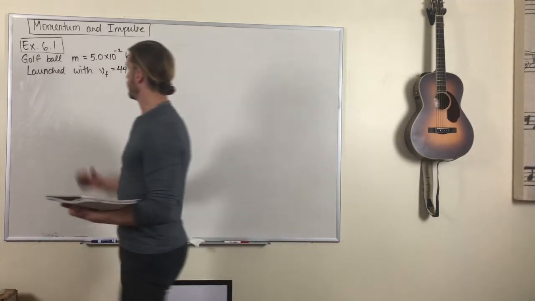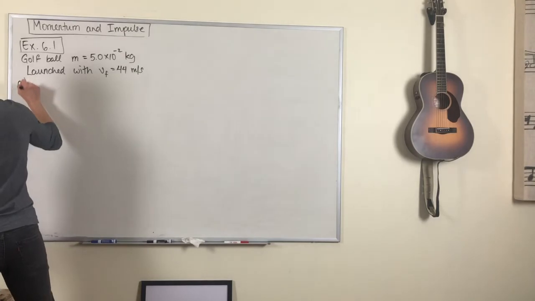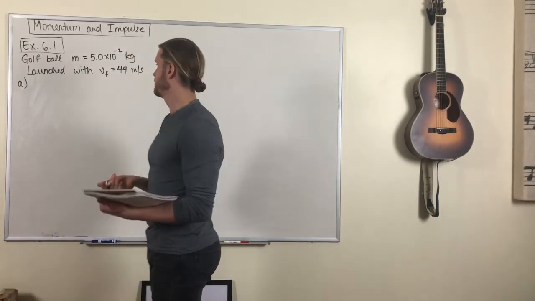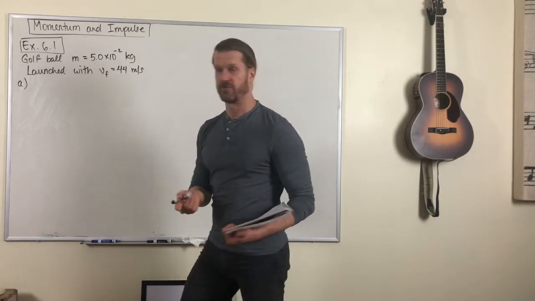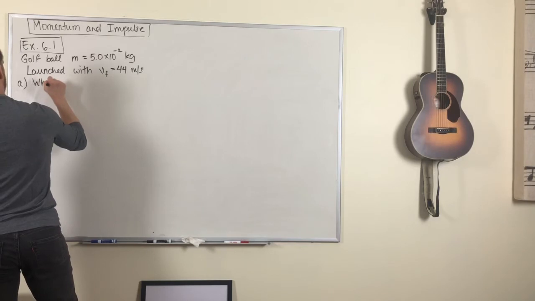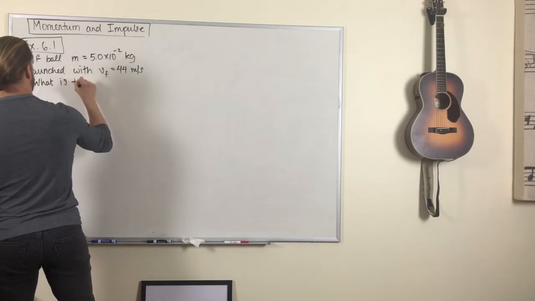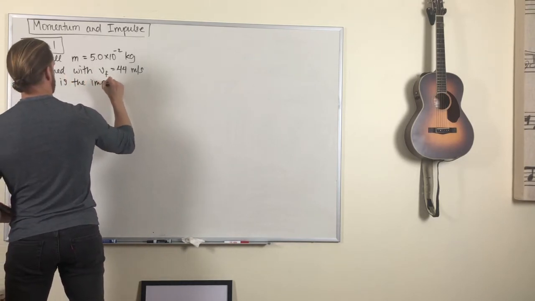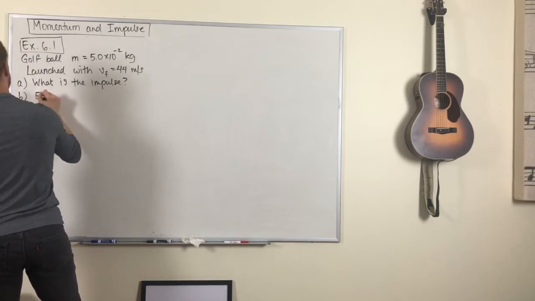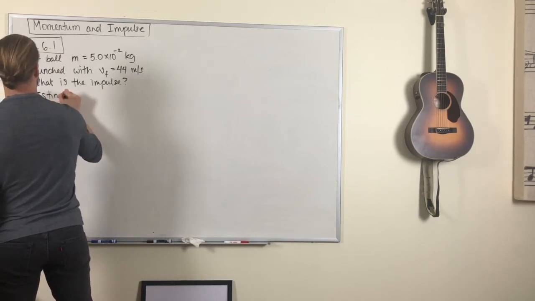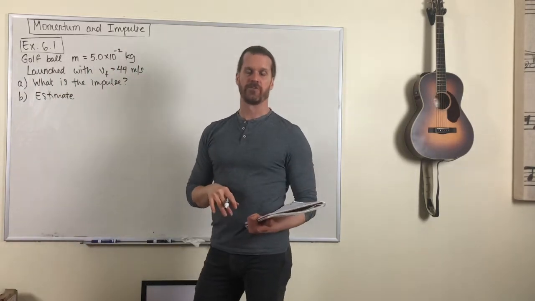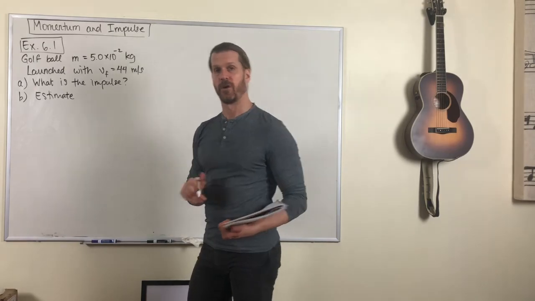So let's answer two questions. Part A, find the impulse given to the golf ball. And part B, estimate the time of collision and the average force on the ball.